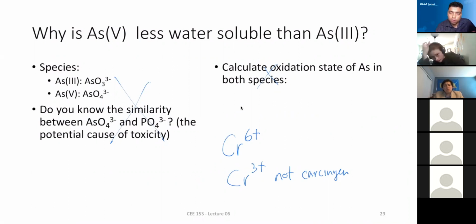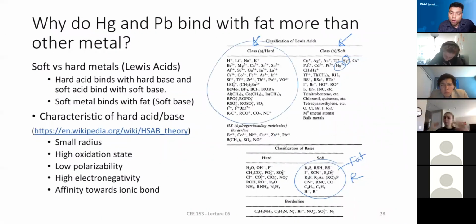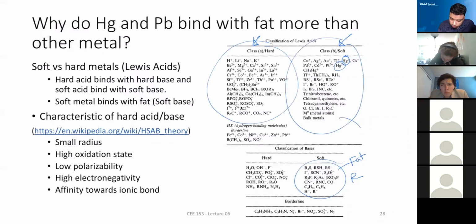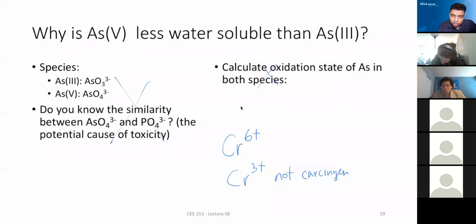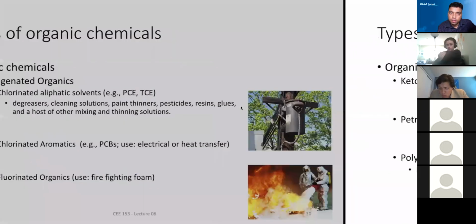Chromium 6 is more toxic. And here, just to show that whatever metals you are thinking of, just look for what they are going to bind with. The soft metal, which is here, binds with the soft base, which is our body, or some fat. Again, you don't have to memorize any of these, because I will not ask these questions on the quiz; it is just so that you know the context for toxicity.